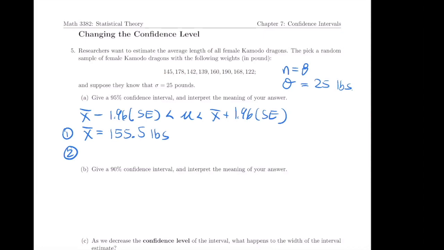Once we have those two things, then we're good to go. In this case, we would take our sigma, which is 25, divided by the square root of 8, and that comes out to approximately 8.839.